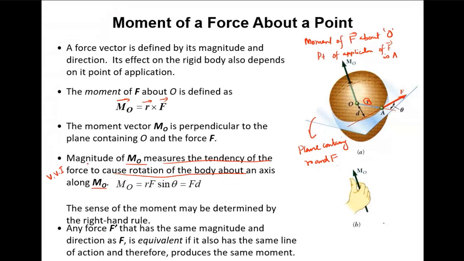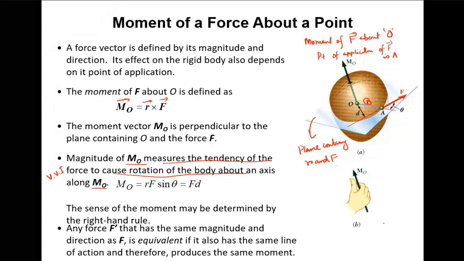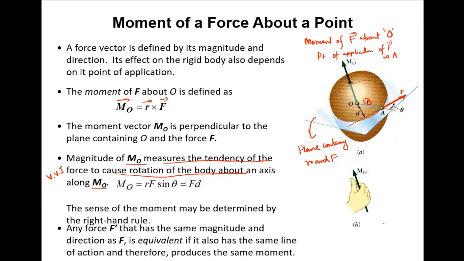So the magnitude of MO, or moment about O, measures the tendency of the force to cause rotation of the body about an axis along the moment vector.